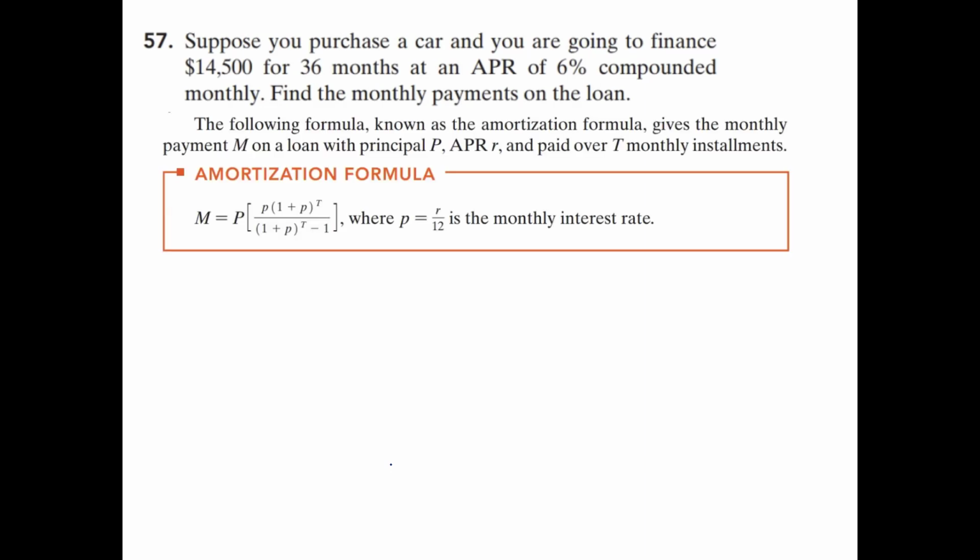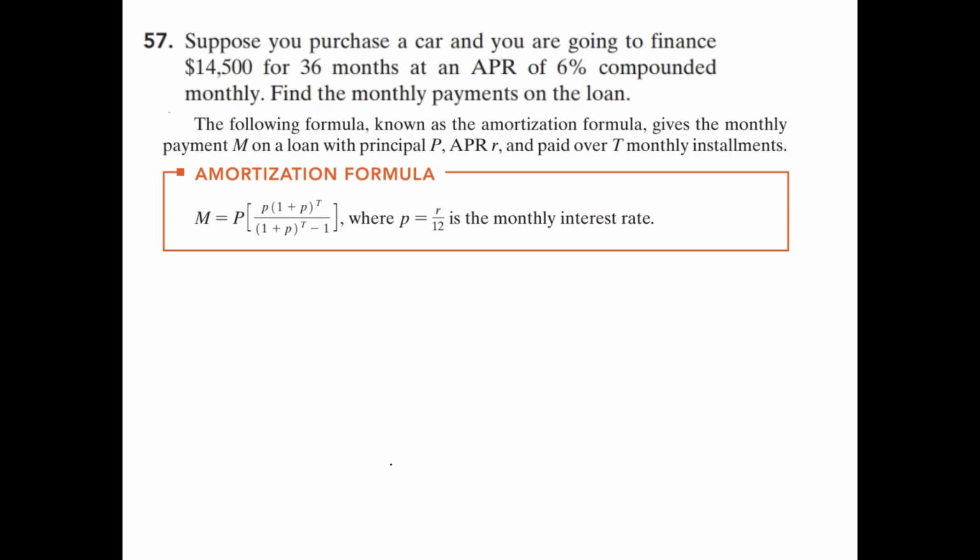Okay, so the following formula, known as the amortization formula, gives the monthly payment M on a loan with principal P, APR R, and paid over T monthly installments. And so here's your formula.